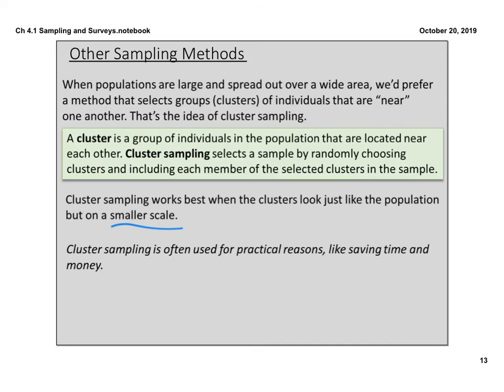Maybe not all the way, but depending on what data you're collecting, that's a way of saving resources, because it takes a lot of time to reach out to all the people in the entire state of Minnesota. But if you do it in one small area, sometimes it's a little bit easier. So that's cluster sampling. A lot of people say that there's bias that comes with cluster sampling, so you've got to be kind of careful with it. But it can be used if you're trying to save time and money.